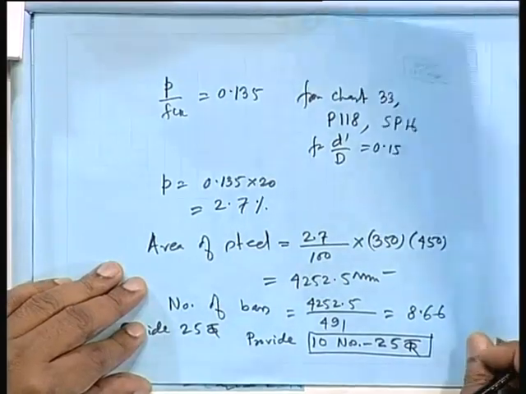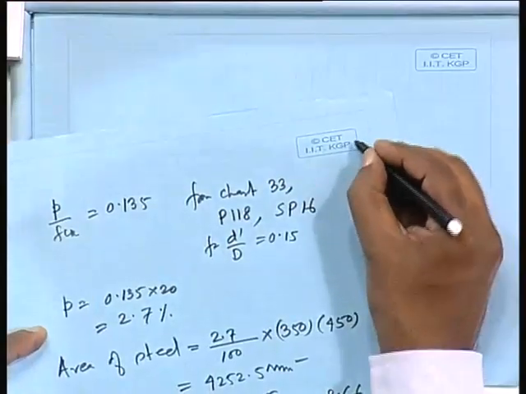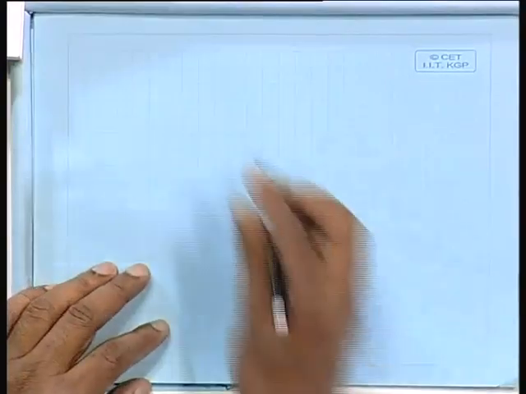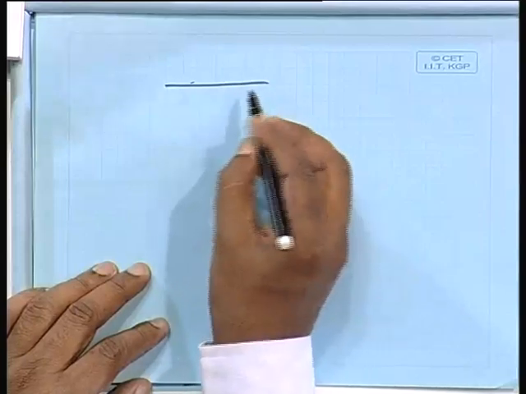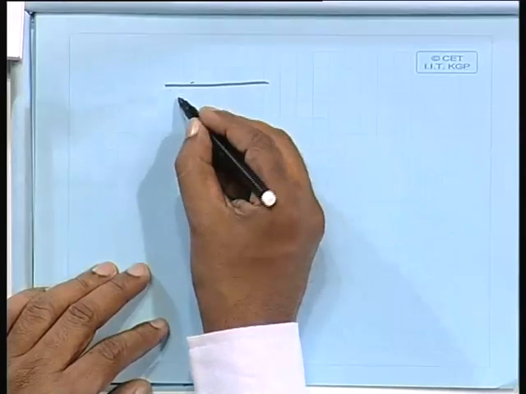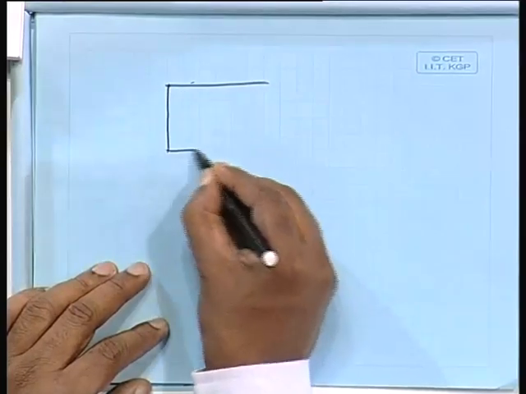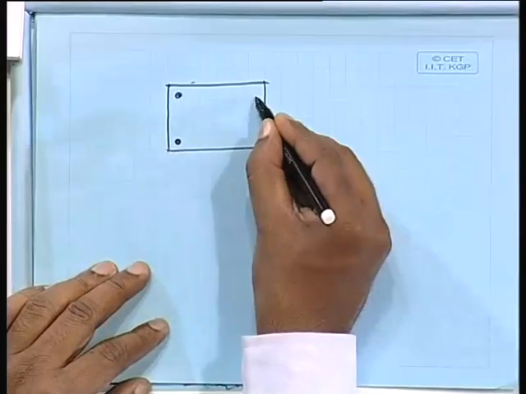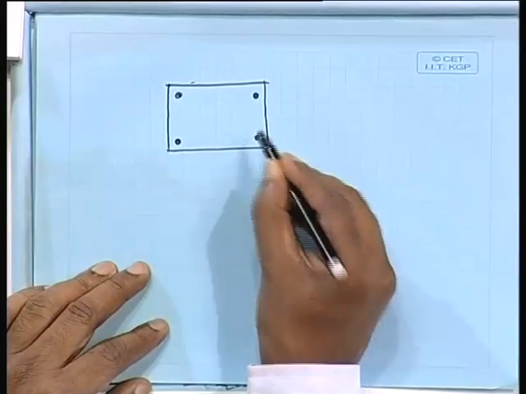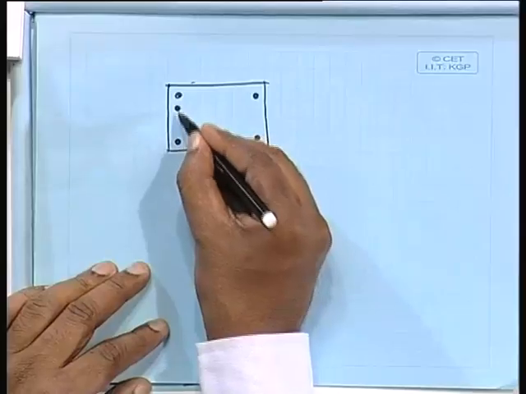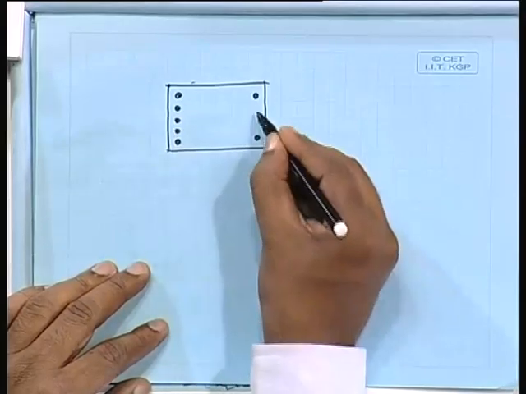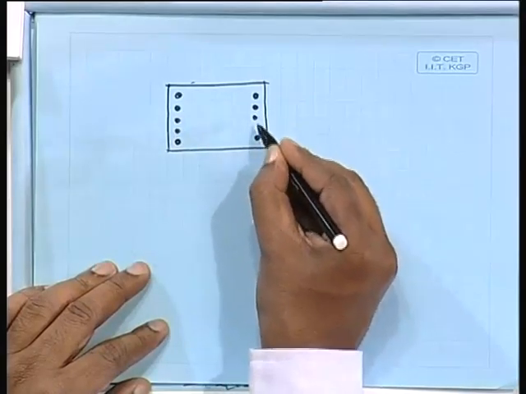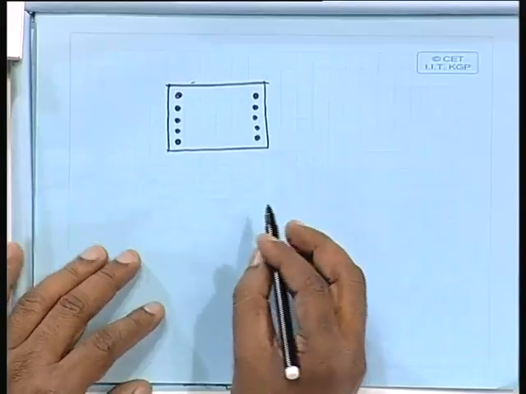Now let us check whether that clause is violated or not, that we have to always check. We can find out now here 1, 2, 3, 4, 5, 6, 7. So total 10.